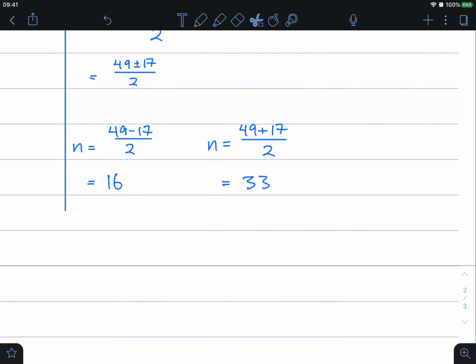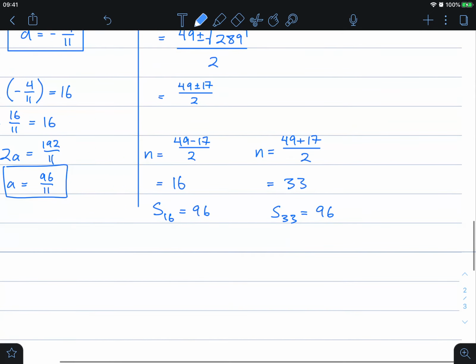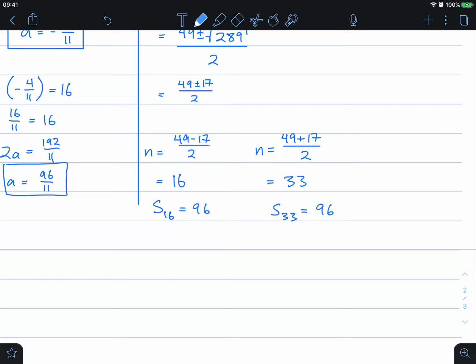So we can say here that s of 16 is 96, and s of 33 is also equal to 96. So this is actually enough, so we can say s of 33 is equal to s of 16, which answers our question.